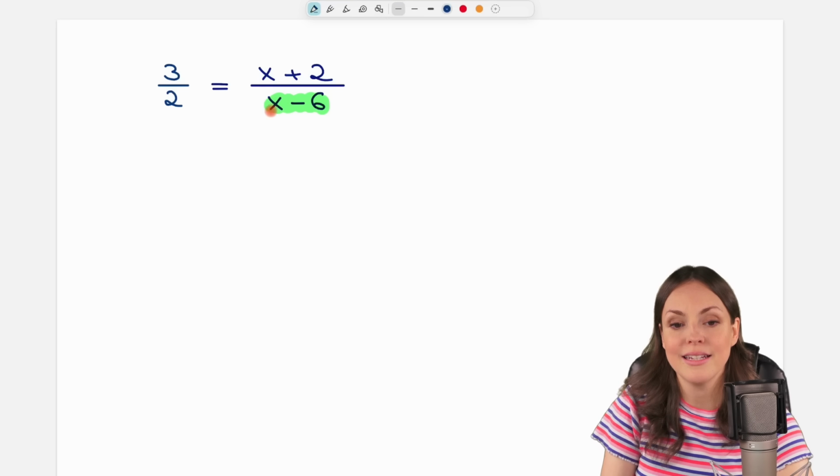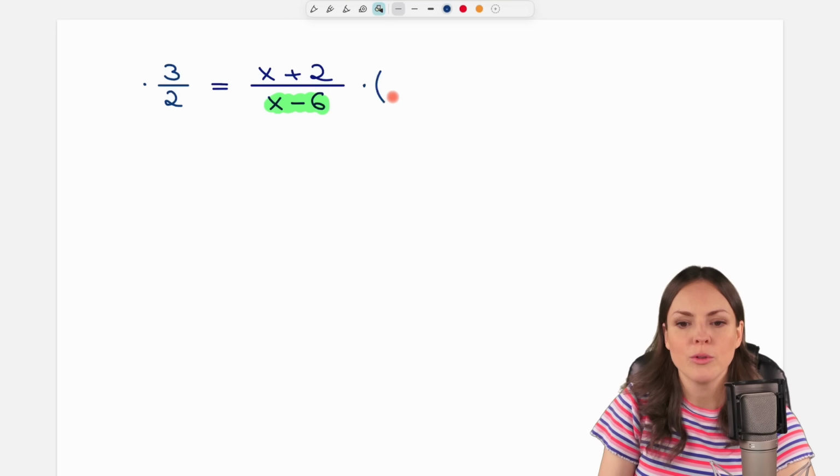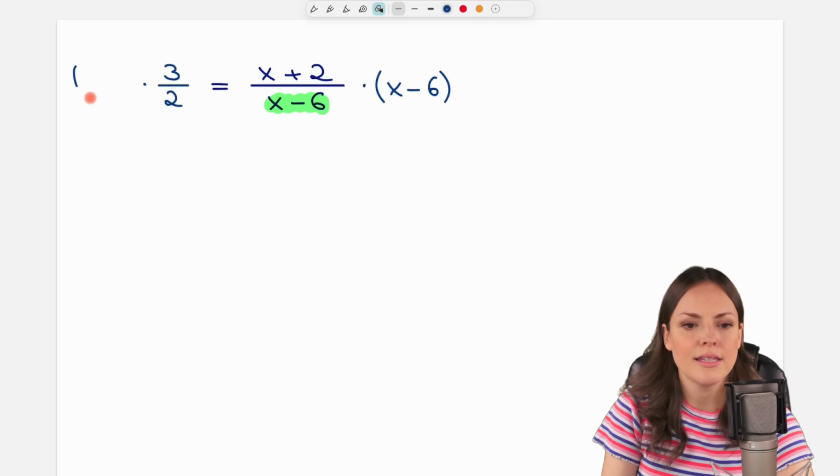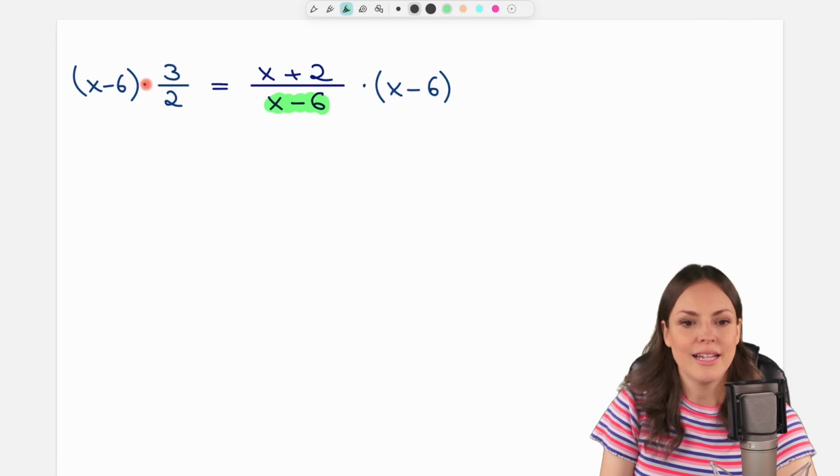And now that we've simplified our fractions, now we can take a look at the denominator where our x is in here and say, okay, I have to get x out of this denominator, so now I have to multiply by this denominator both sides. So I multiply by x minus 6 here, and the same thing on the other side. Let's multiply.